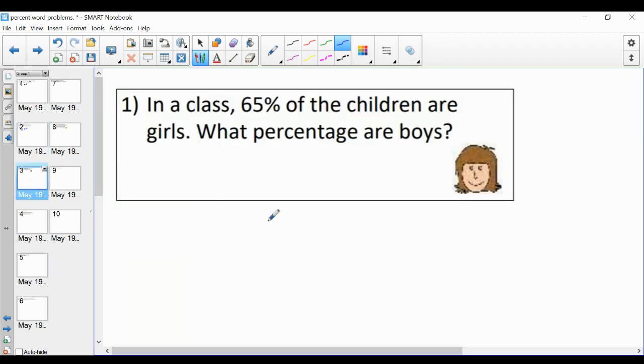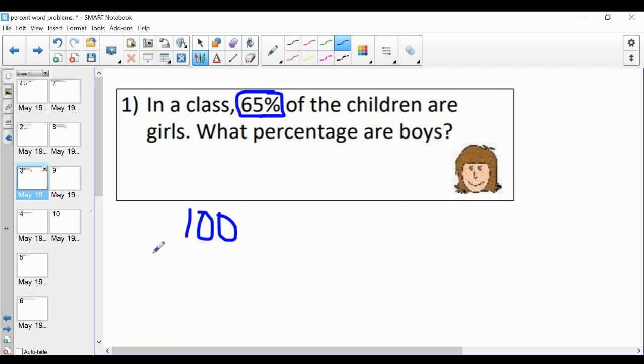In a class, 65% of the children are girls. What percent are boys? So we know that percent means out of 100. So we always have to think of 100 as our starting number. Now, we have 65% of this class is girls.